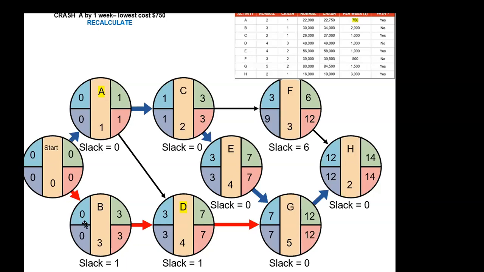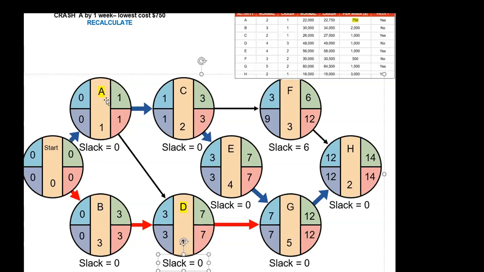So as you can see, now we have two critical paths. How did it happen? On this path, the initial path, all these activities have slack 0. And here also now we have a slack of 0. So I change this to 0, 0, 0, 0, right? So we have two critical paths now.